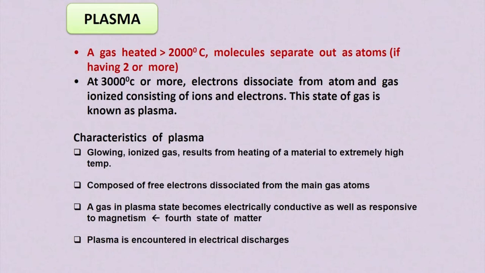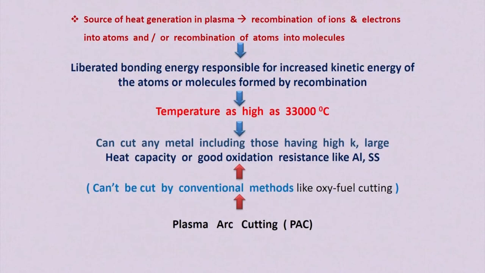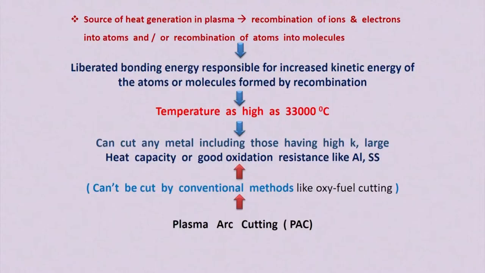Now, how is this much heat generated from the plasma? We shall discuss that. The source of heat generation in plasma: when the separated atoms, ions and electrons recombine, atoms recombine again into molecules. This liberated bonding energy is responsible for the increased kinetic energy of the atoms or molecules formed due to the recombination.